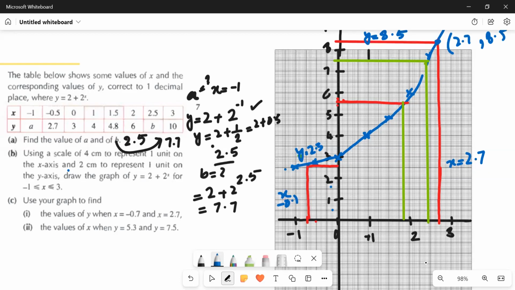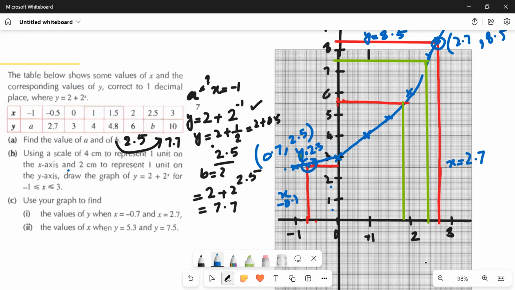And this point is 0.7 and 2.6. And the next is for y 5.3.